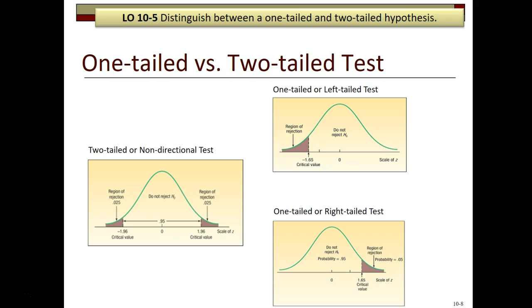We don't know if it's overweight or underweight. We just want to see if there's a difference. And if that's the case, then you're looking at a two-tail test, right? So if the value falls in here or in here, then we have a problem. If it falls anywhere in here, then we know that we're within the acceptable range.